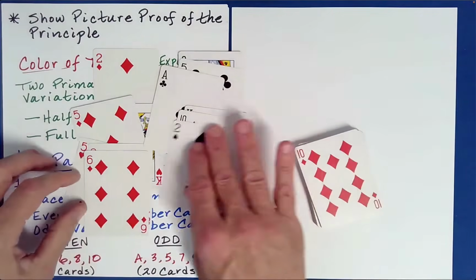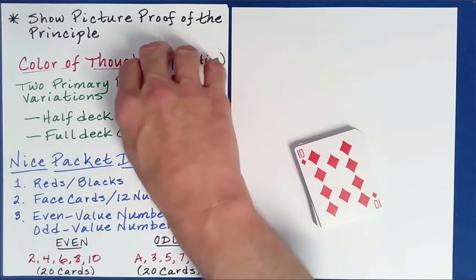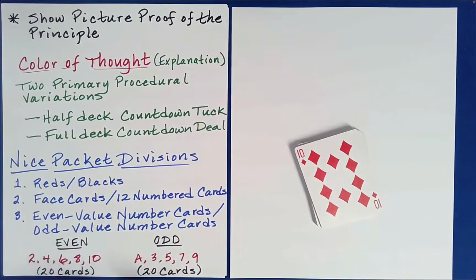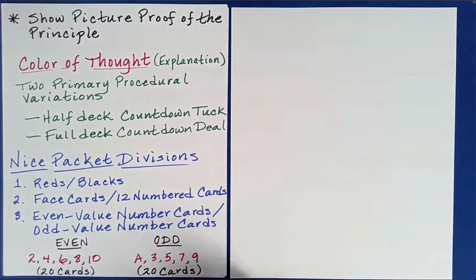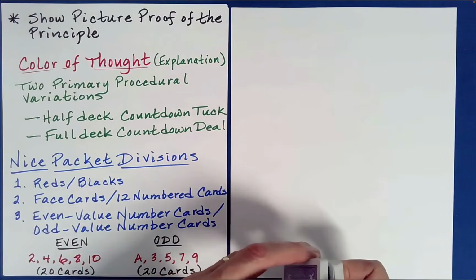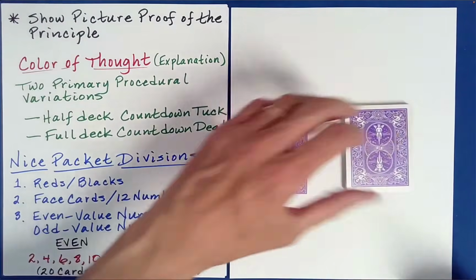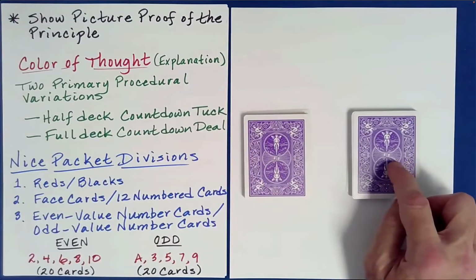Another way to hide it, which is not my idea, comes from the original presentation that I came across of this color of thought. Let's go back. Let's say we have two equal halves here, and they've counted the number of black cards.